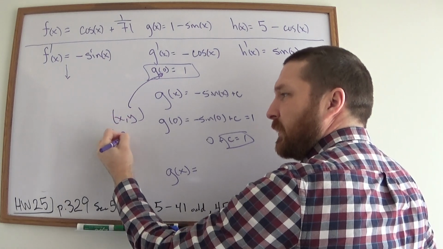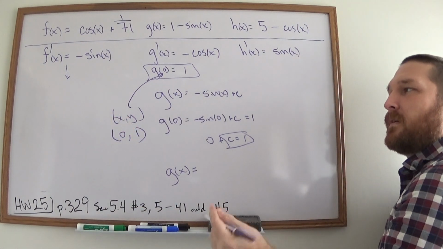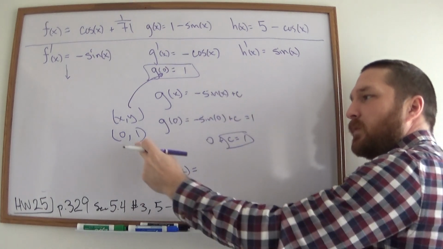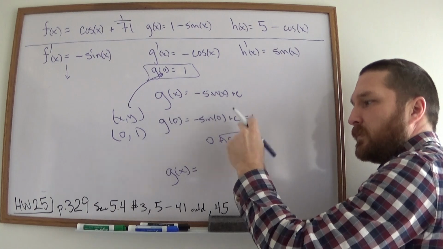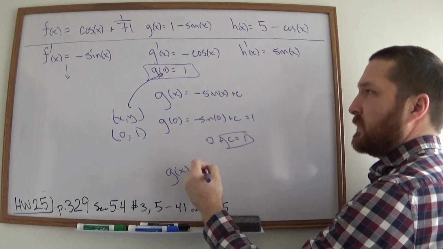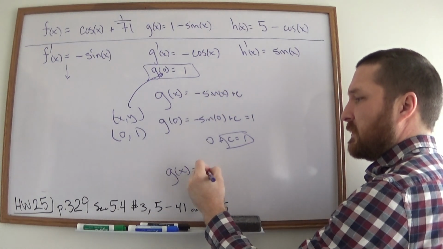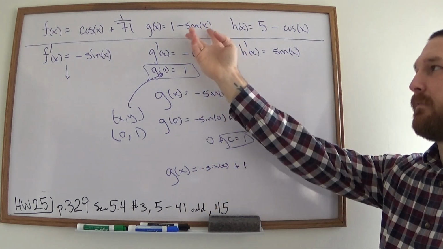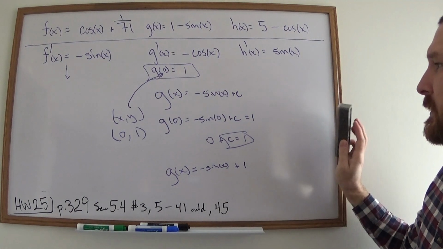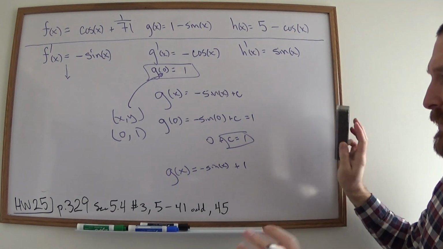This says when you plug in a 0, you get out a 1. So anytime you have one unknown, you need 1 point of data, as I like to call it, to get your particular solution, which in this case would be negative sine x plus 1, which is the same thing as how I originally wrote it. I was just trying to be funky, right? Okay? Everybody got that?